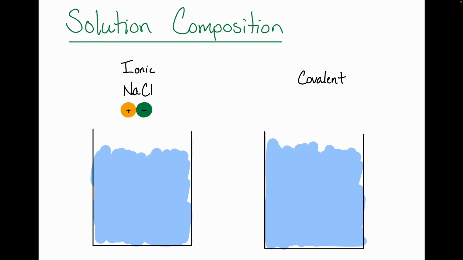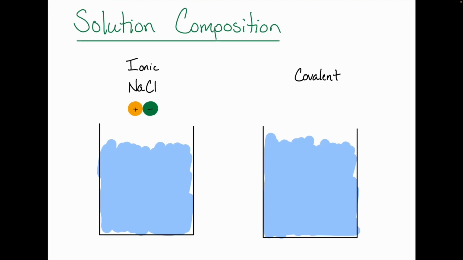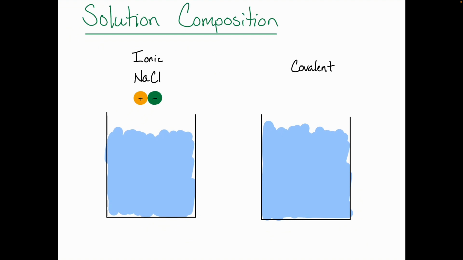Okay, so if we take this solid sodium chloride and we place it into water, what we're going to see is that these two ions will dissociate from one another and they start floating around independently. So they're no longer bound together. They are now separated out when we put this compound in solution.